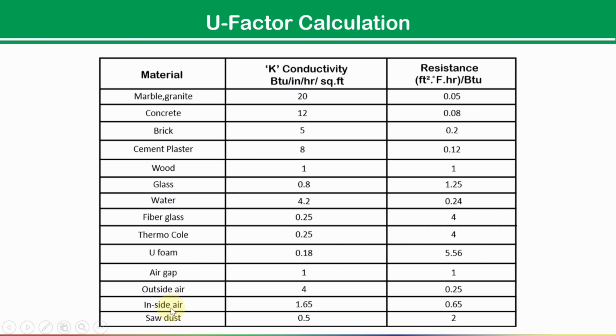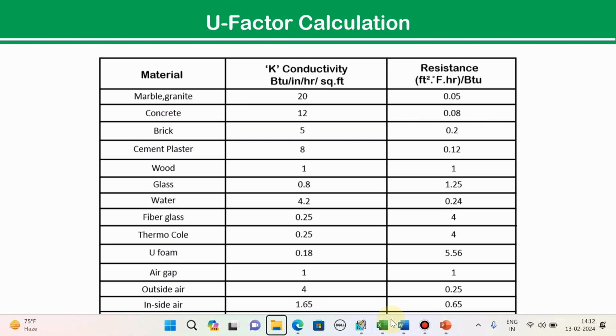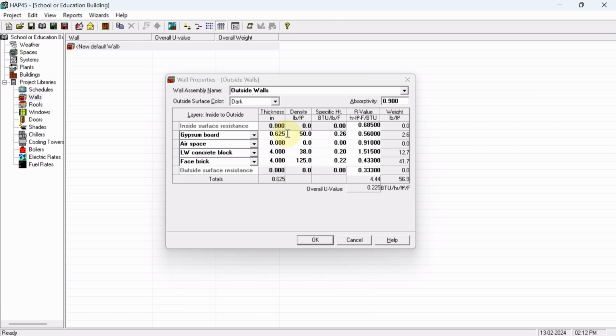So I am talking about inside air, how much the inside surface will resist. See, the resistance value is given as 0.65 square feet degree Fahrenheit hours per BTU. Remember this point, 0.65. So here, in place of resistance, I am writing 0.65.